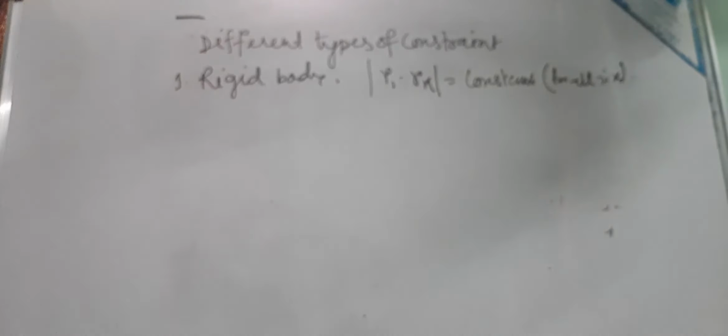The first one is the rigid body. In the case of the rigid body, the equation of constraint is the magnitude of Ri minus Rk equal to a constant for all i and k.